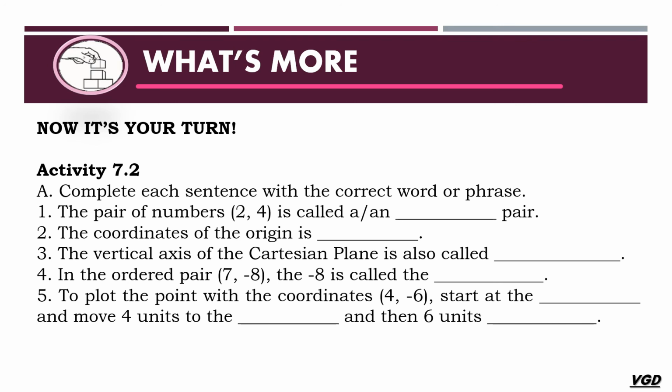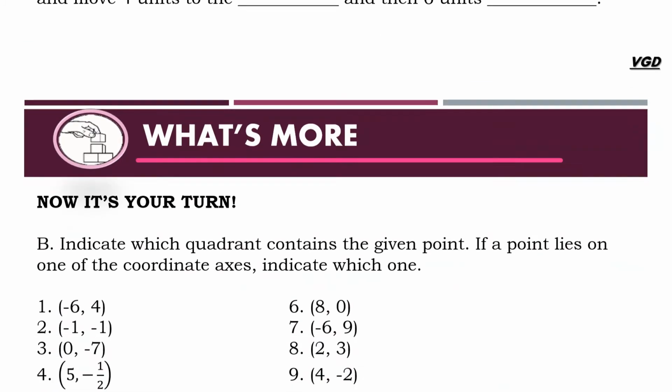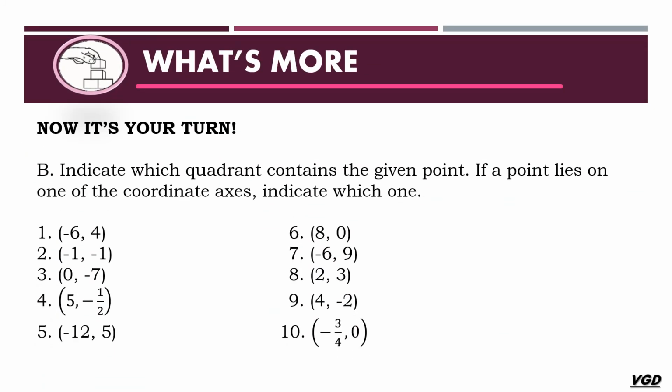That's for letter A. B. Indicate which quadrant contains the given point. If a point lies on one of the coordinate axes, indicate which one. Number 1, -6 and 4. Number 2, -1 and -1. Number 3, 0 and -7.